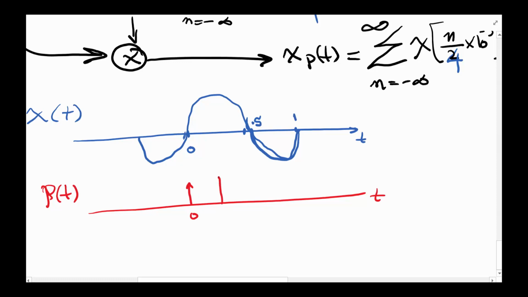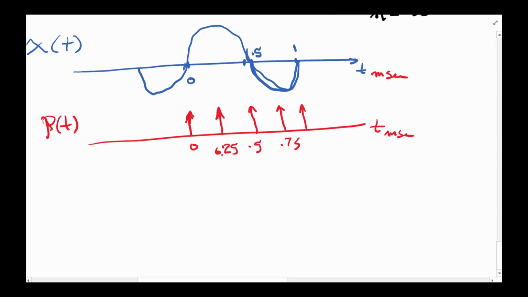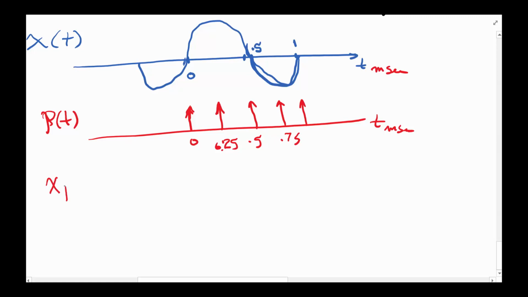Oops, they're all 1, so it shouldn't be any taller. 1 is going to be at 0.25 milliseconds, and this is milliseconds also. Then another sample is going to be at 0.5, 0.75, and on and on.